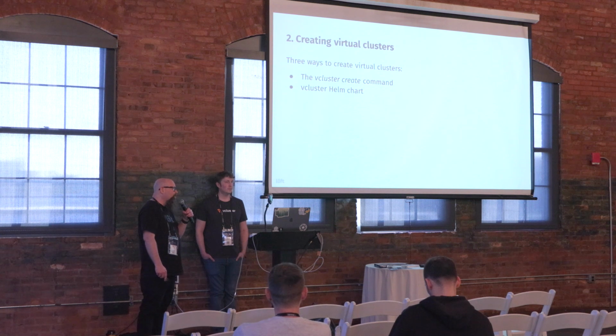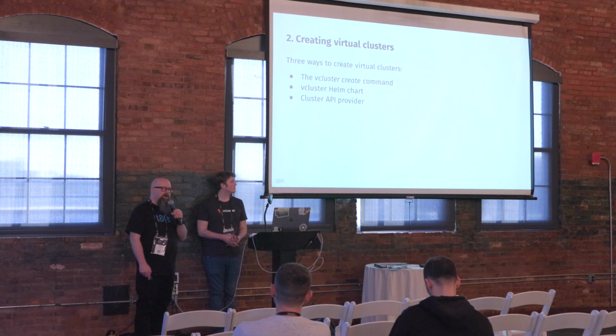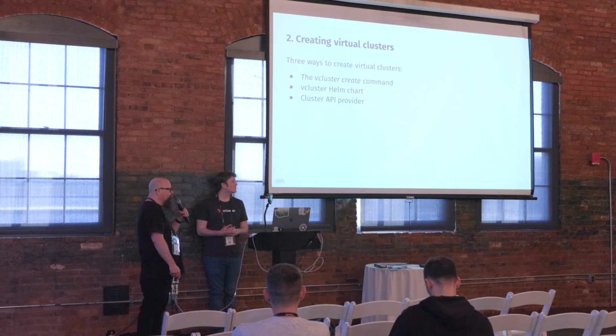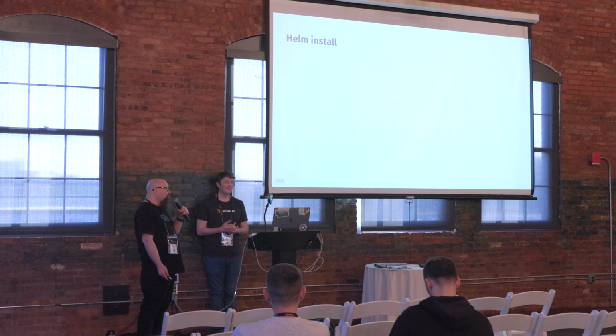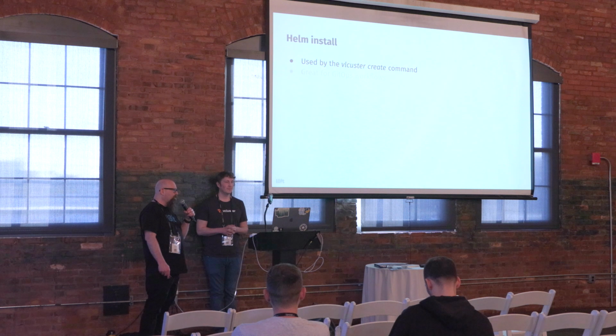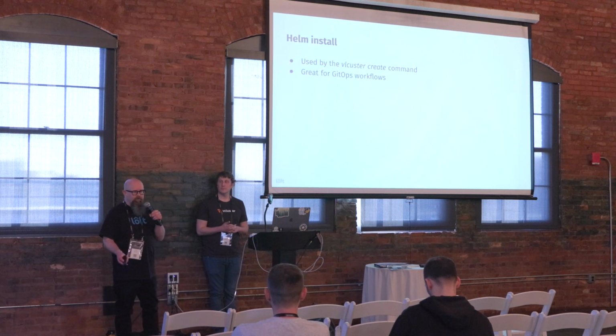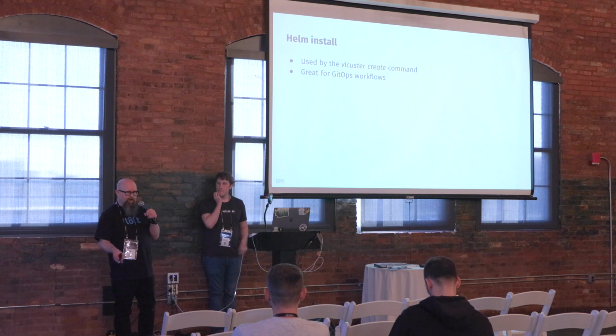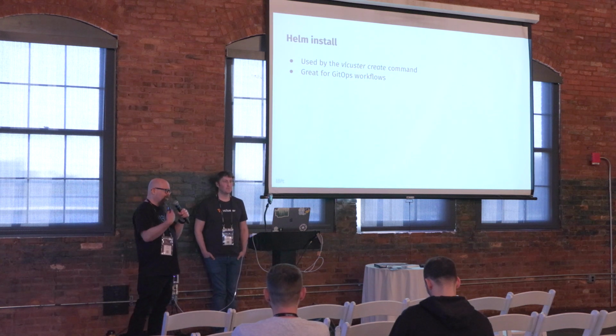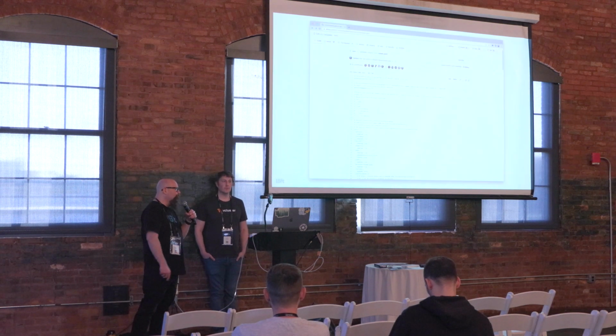And we'll talk about that more. And then there now is, as of a couple months ago, a cluster API provider. That's pretty cool. The Helm install is used by the vCluster create command. It's a really good option if you're doing some sort of GitOps workflow or you want some other kind of automation, as opposed to interacting with the CLI.